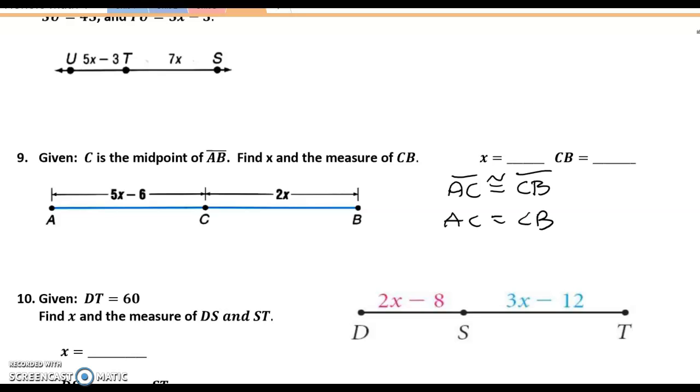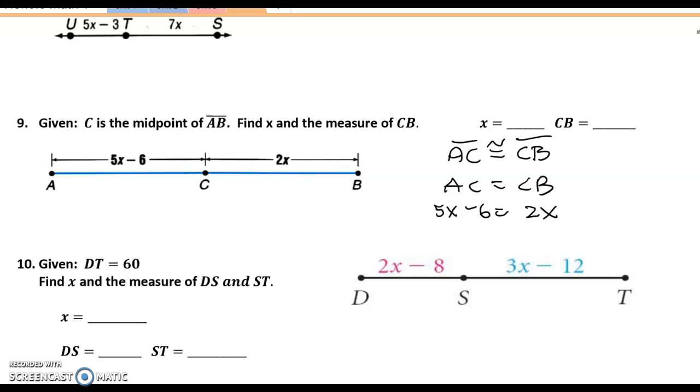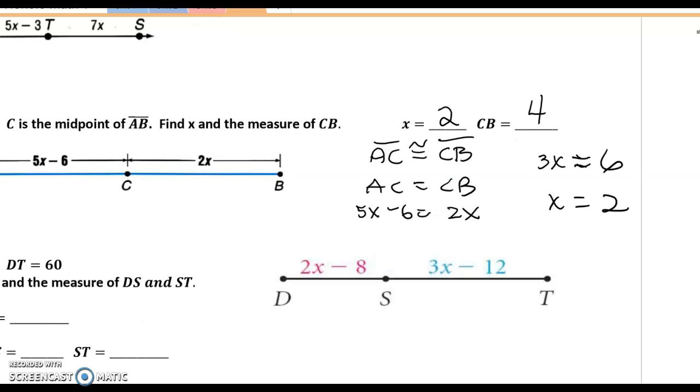And because those two segments are congruent, we know that their measures are equal. So AC is equal to CB. That means we have our equation of 5x minus 6 is equal to 2x. Solving for x, we get x equals 2. Then plug that in to figure out the value of CB. CB is 4.